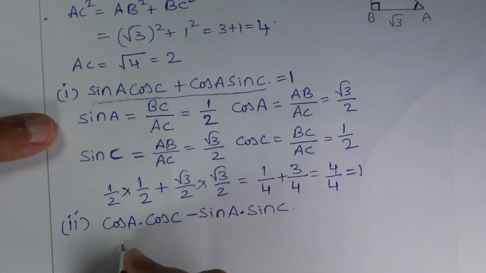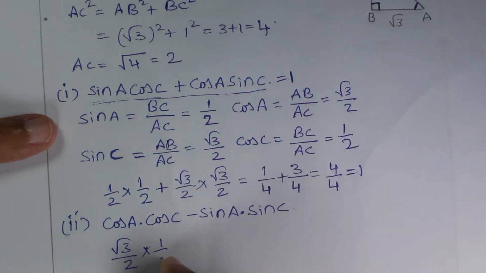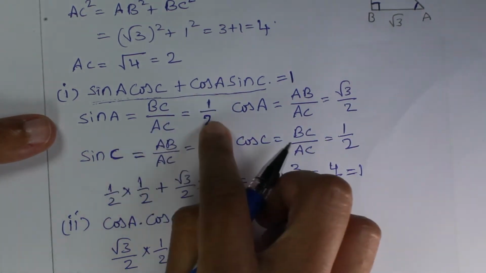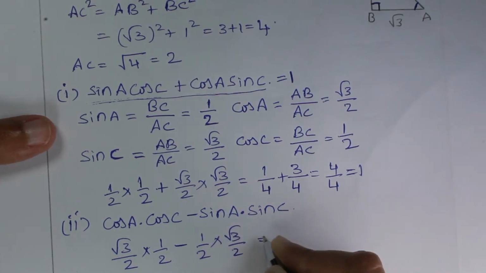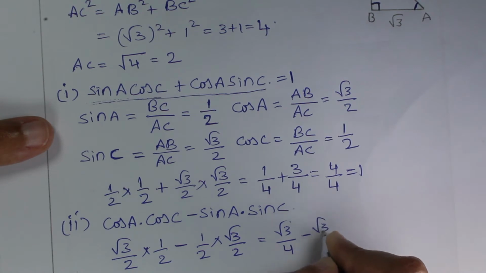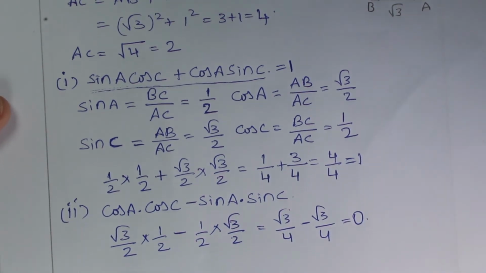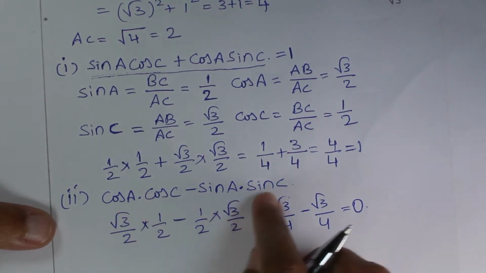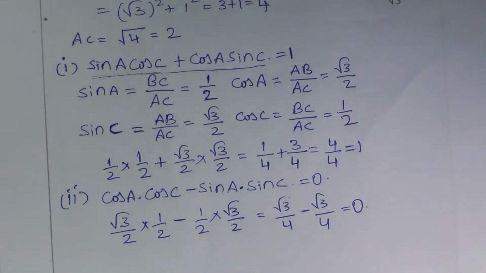Cos A is root 3 by 2 into cos C is half, minus sin A is half into sin C is root 3 by 2. That is equal to root 3 by 4 minus root 3 by 4. That is equal to 0. So the value of cos A into cos C minus sin A into sin C is 0. Hope this is clear for you.